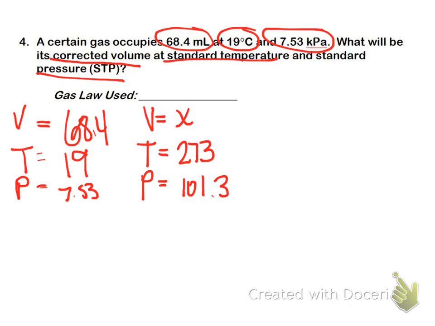Because kPa is different. So about 3 lines down, you see that 1 atmosphere is the same thing as 101.3 kilopascals. Make sure that you use the same units. This is a kilopascal. And this is a combined gas law. PV over T is equal to PV over T. And that's when life gets crazy.